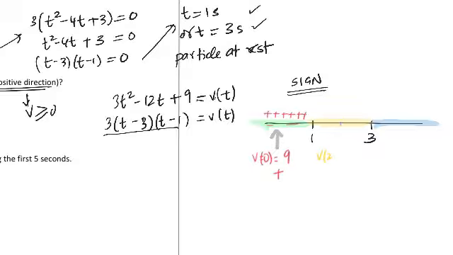So I would go v of 2, and you can use the factored form and get 3 times (2 minus 3) times (2 minus 1), which would be 3 times negative 1, or negative 3. So the velocity is going to be negative for this whole time. And then you can put in maybe v of 4 here and find that that's 3 times (4 minus 3) times (4 minus 1). And so that's going to be positive 9. So it's positive again over here, right?